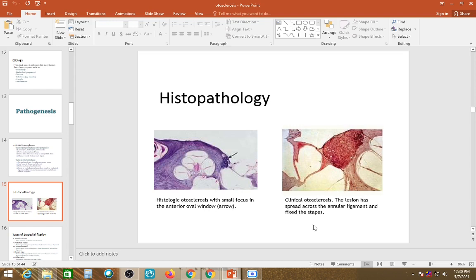Already spread, here no empty space, but fixation is already done. Understood? This is how the disease progresses and how the otosclerosis forms here, and the plate is already broken, but here it is already spreading, and the stapes is already fixed.